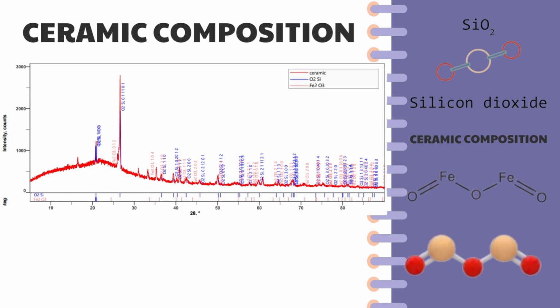Now we can see the ceramic composition. Based on a few past research papers, there should be silicon dioxide and iron(II) oxide. Based on our XRD analysis, these two elements exist in our ceramic vase composition. That means there are similarities in the chemical composition between the past research and our sample.